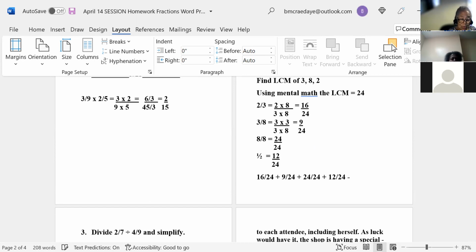Very good. So since they're over the same denominator, you can add numerators. When you add 16 plus 9 plus 24 plus 12, it gives you 61 over 24.